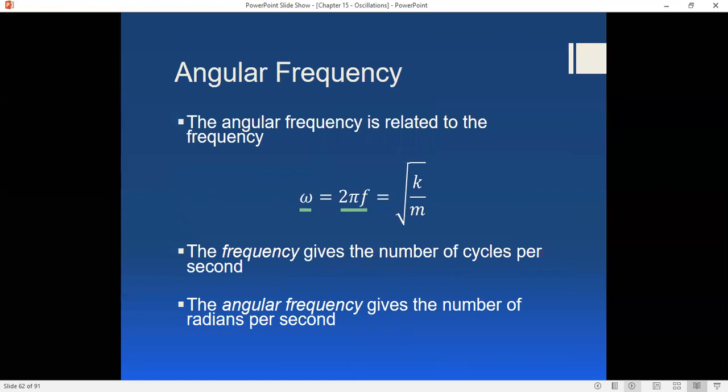So we can rewrite this, as we did earlier when we derived it, omega is equal to the square root of k over m. So our angular frequency, which we used with circular motion, works very well for equations in simple harmonic oscillators.